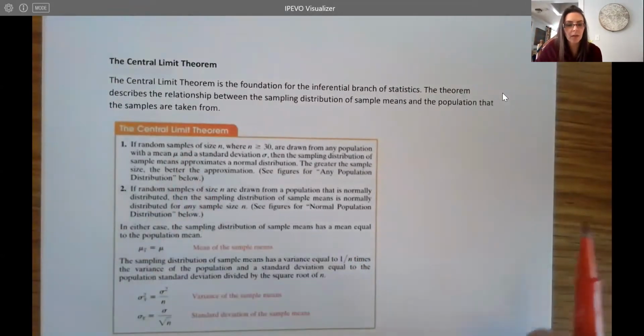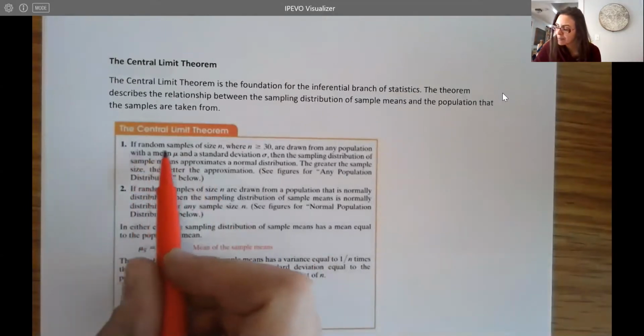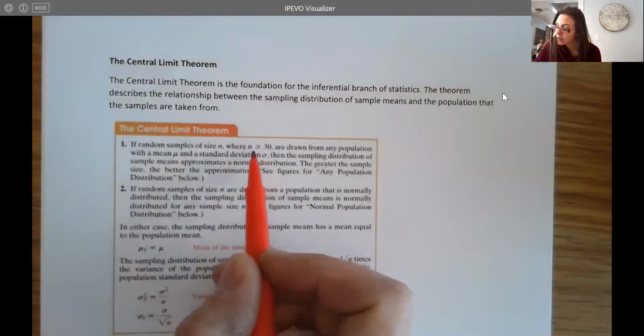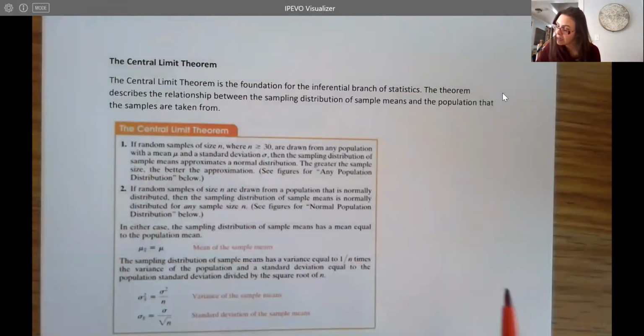So this is what the central limit theorem says. If random samples of size n, where n is greater than or equal to 30, are drawn from any population with a mean mu and a standard deviation sigma, then the sampling distribution of the sample means is approximately normal. The greater the sample size, the better the approximation.